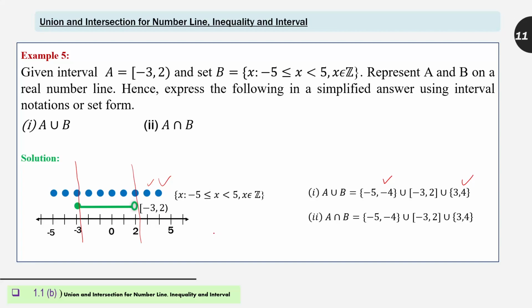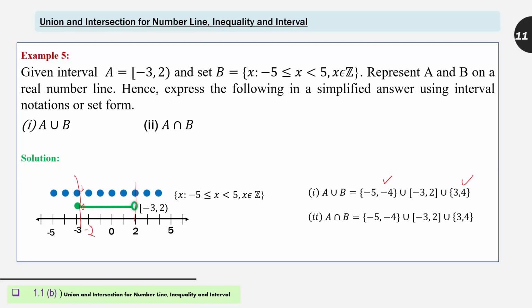Okay, so how about intersection? Intersection means that the upper and the lower must have the same, both sides must have a dot or have a line. Down here, no dot. Down here, no dot. Okay, this one, no dot. Over here, we have a line and a few dots. But if you look in between negative 3 and negative 2, upper part here, there is nothing.